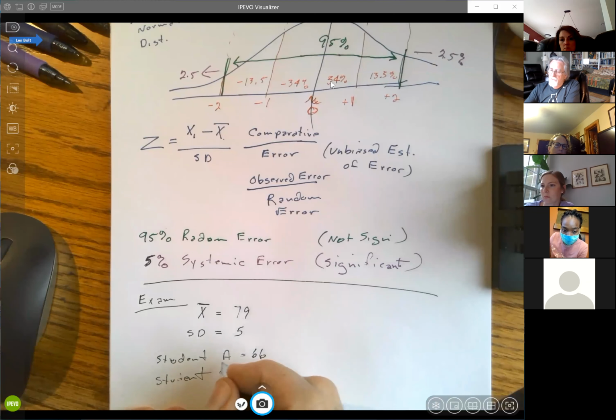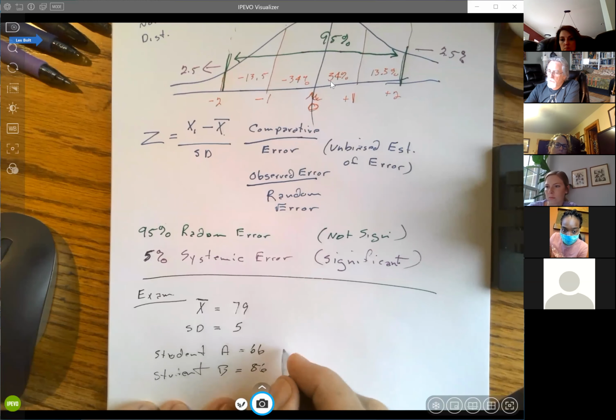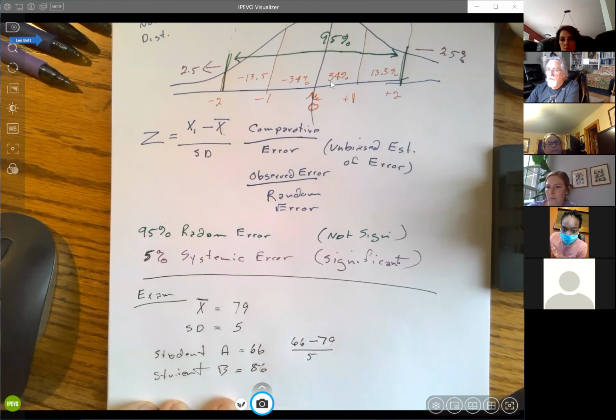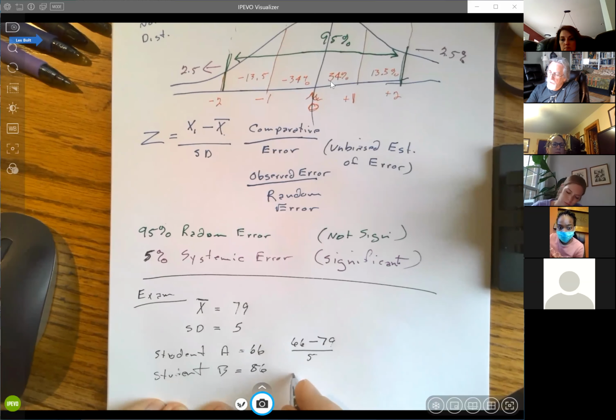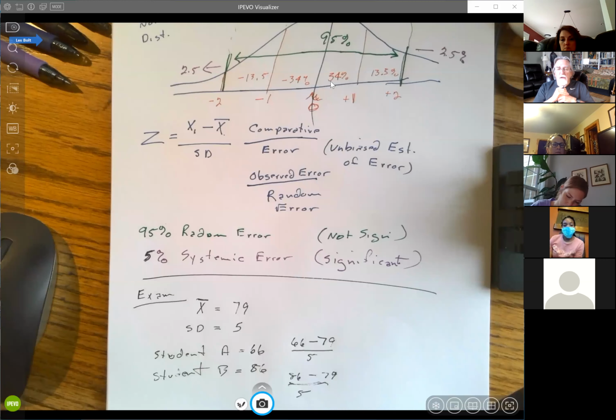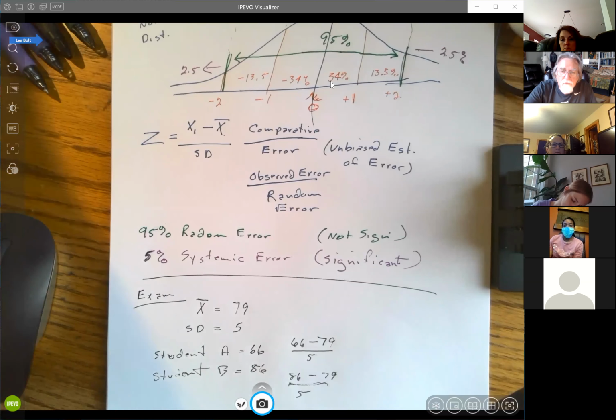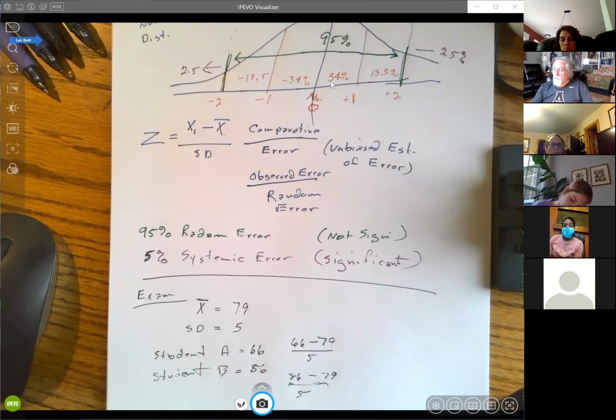That would mean that student A's z-score value or standard score value would be 66 minus 79 divided by 5. And student B's z-score value would be 86 minus 79 divided by 5. And so what does this turn out to be?